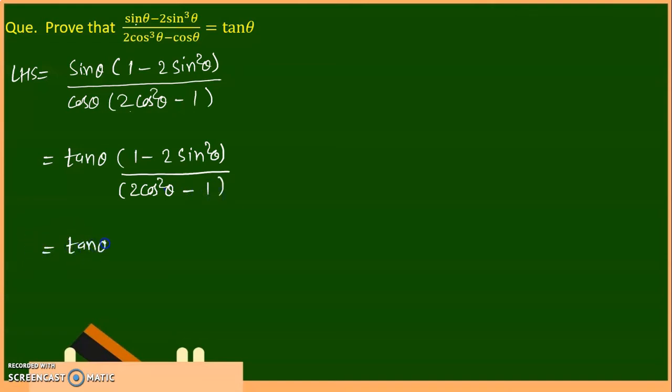Now here convert this sin square theta in the form of cos square theta. So we can write this sin square theta as 1 minus cos square theta. The denominator, take it as it is.